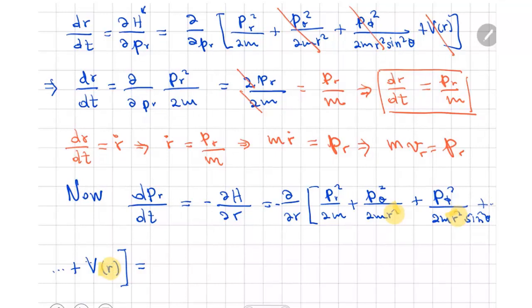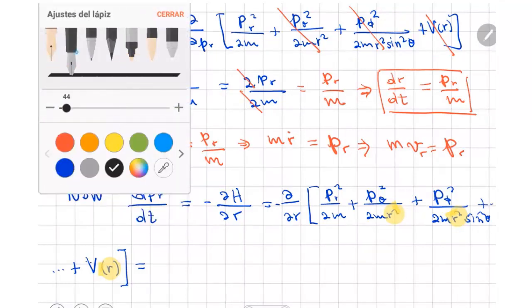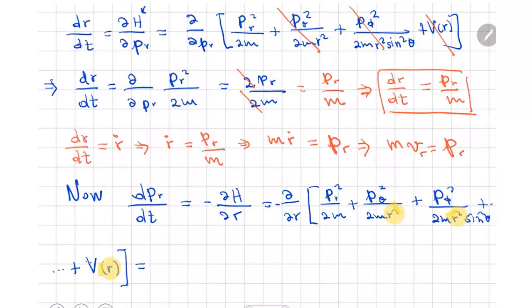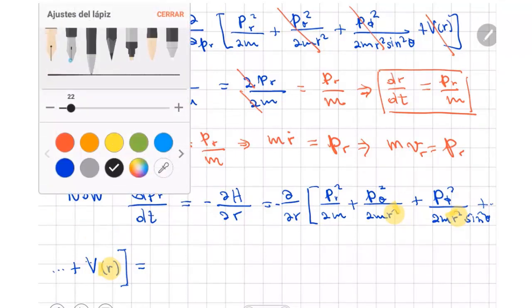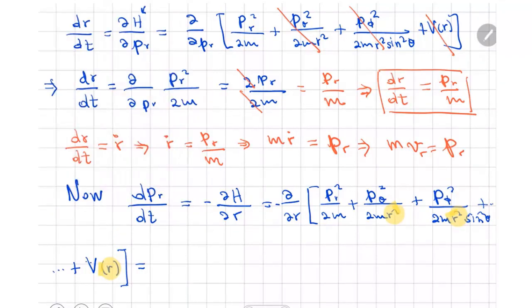So what we can do, I will do it directly: I'm going to move the terms which are on the bottom, like this one and this one, to the top.